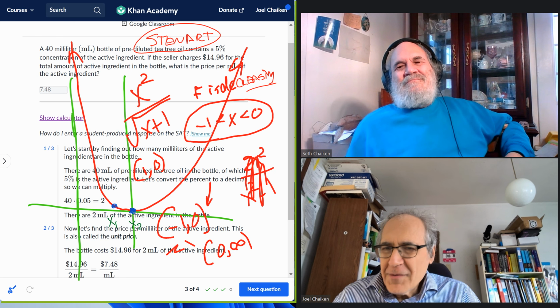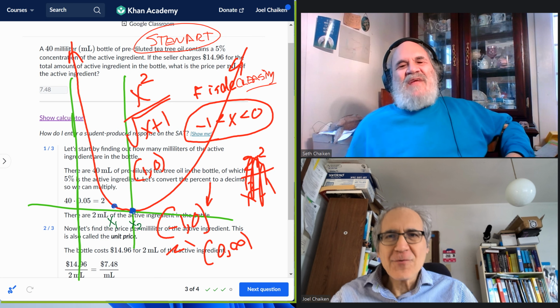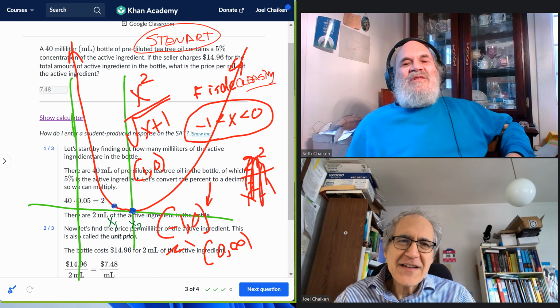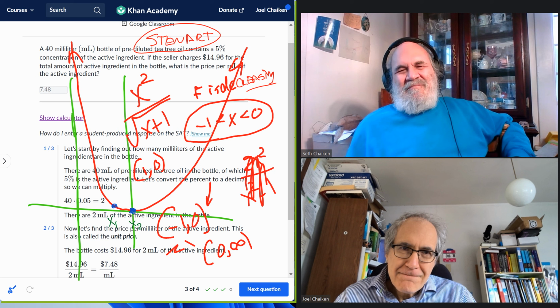Look, all I'm asking is, on what interval is it decreasing? I say the largest interval over which it is decreasing is the half open interval that's open at -1 and closed at 0.